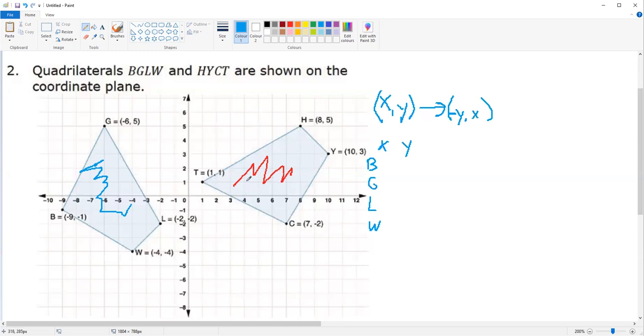I'm going to have to reorder it. B is -9, -1. G is -6, -5. L is -2, -2. And W is -4, -4.